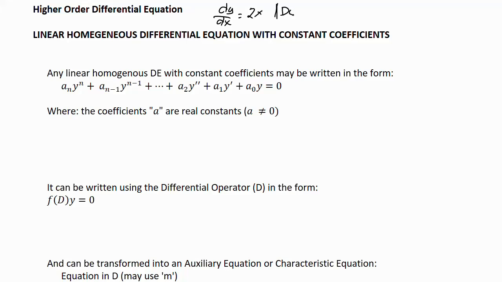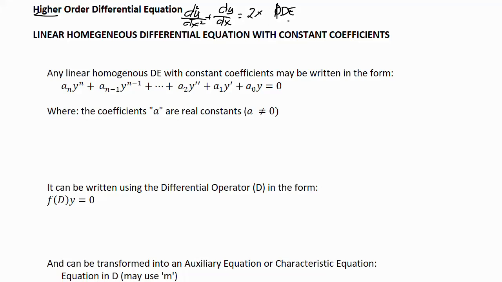So this is an ordinary differential equation, right? But this time, we will be tackling the higher order. So let's say we are now dealing with order 2, order 3, and up to the nth order. Say we have now our equation like this: the second derivative of y with respect to x plus the derivative of y over dx is equal to 2x.